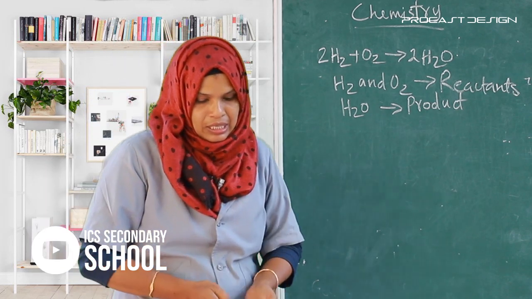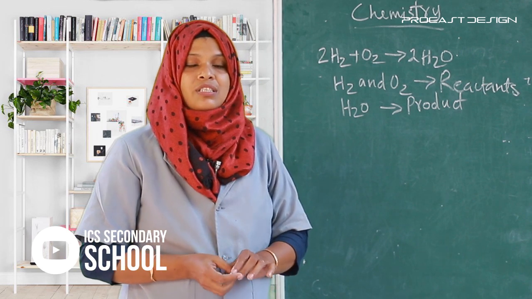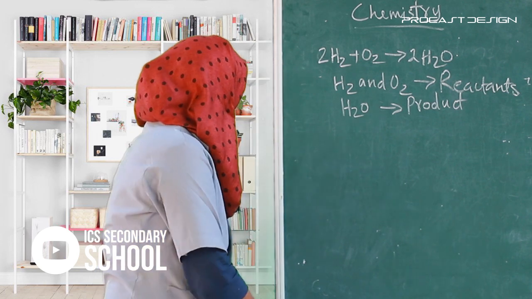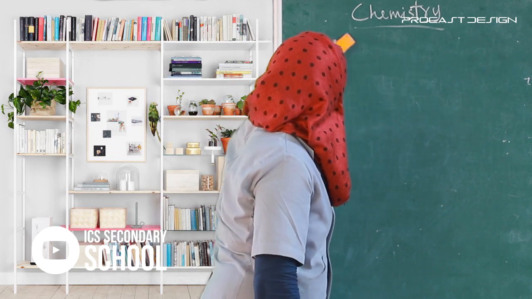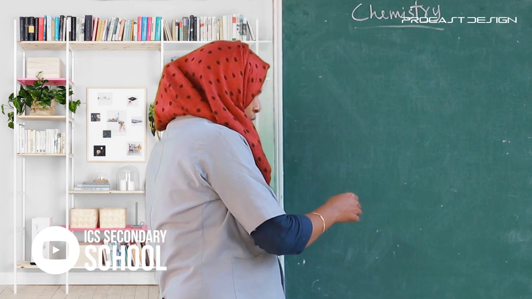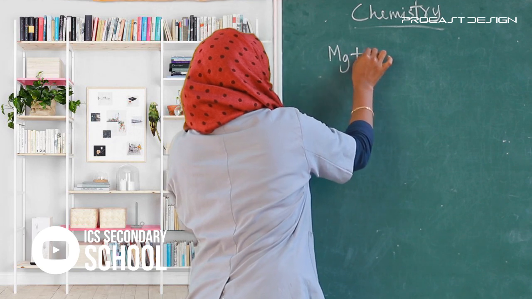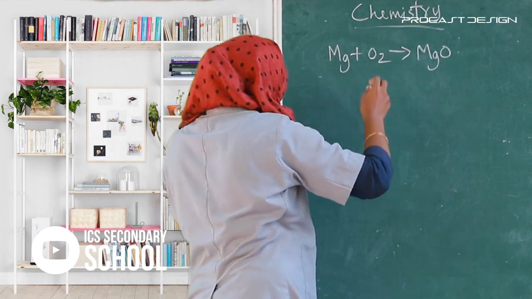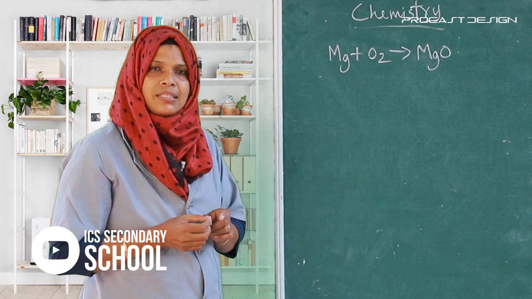Next question is balance the chemical equation. First one, Mg plus O2 gives MgO. What is meant by balancing?